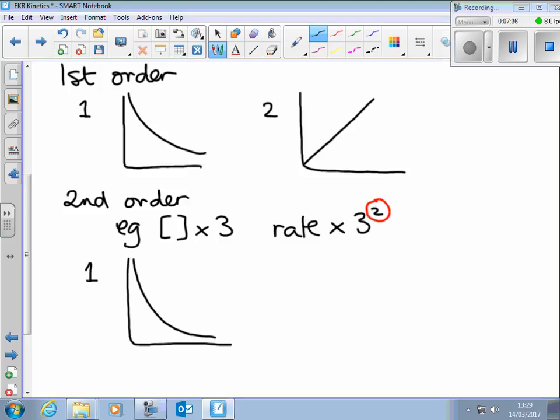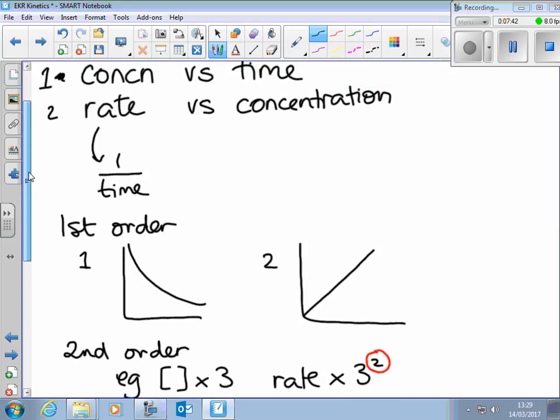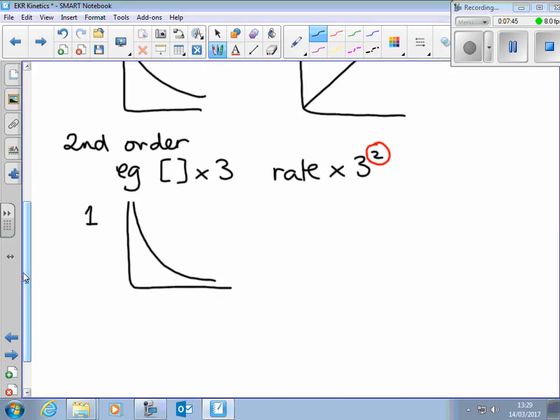And then significantly, if we draw the second graph that we've got here, rate versus concentration, rate just being 1 over time, this time, rather than getting a straight line, you get a curve. Now this is a fairly wide curve that you get for that. But on here you can see there is a third type of graph. And this time it's rate against concentration squared.